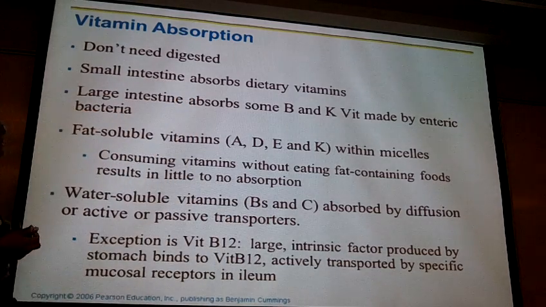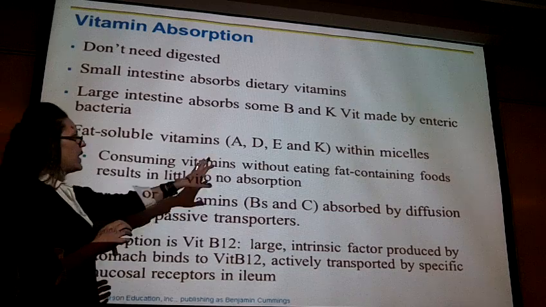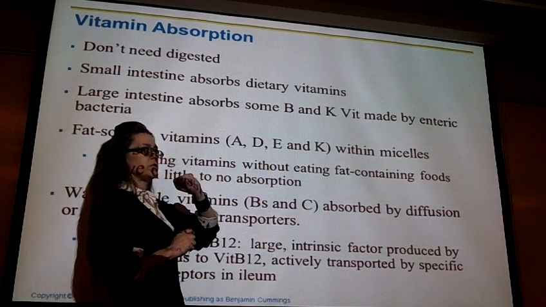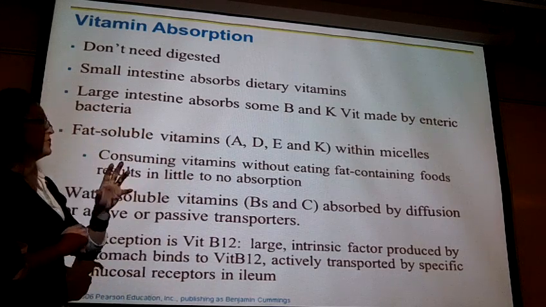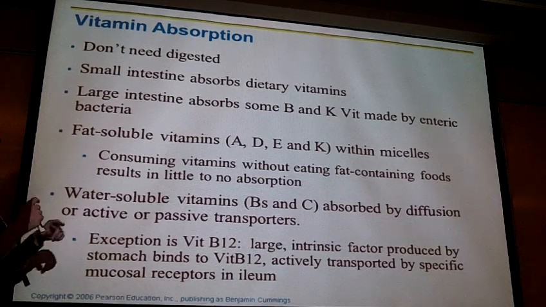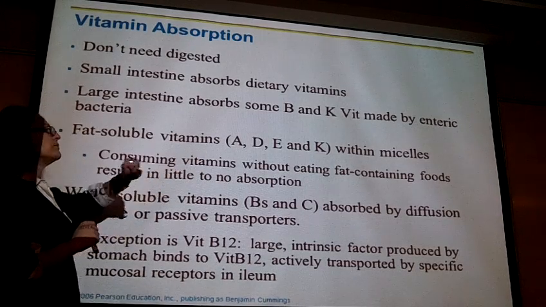I don't think there is some homeostatic mechanism that kicks in and says, if you're low in A, that will cause A to be released from your adipose tissue. But I'm not 100% sure on that. But I've never seen anything talking about homeostatic mechanisms of these vitamins here.